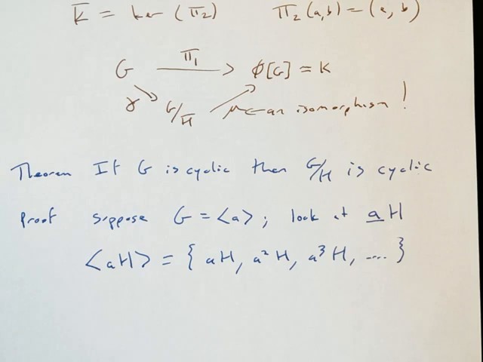Which means I will end up with every possible coset, because the thing out here eventually covers all possible values of G. And that means I've generated all the cosets. Ta-da. If I've got a generator, let's use the generator's coset. Poof, I get all the cosets.